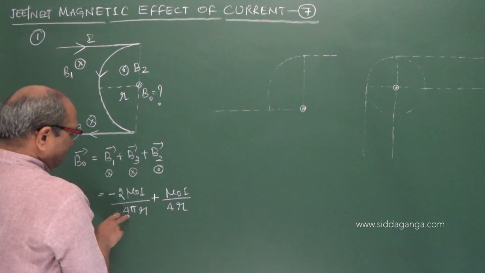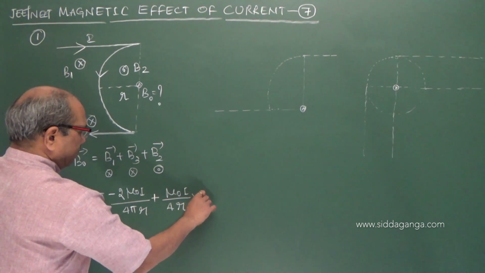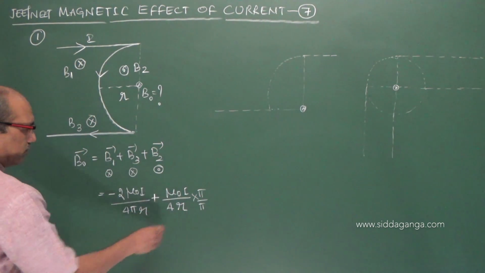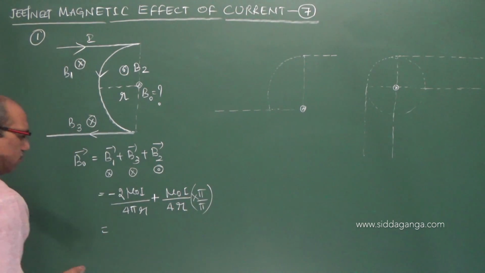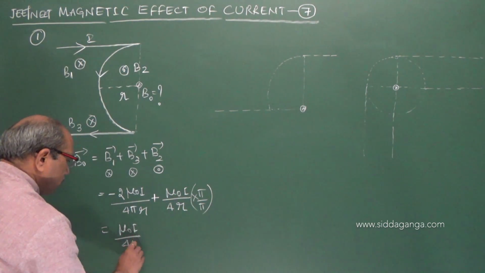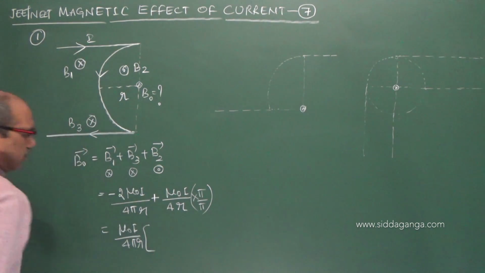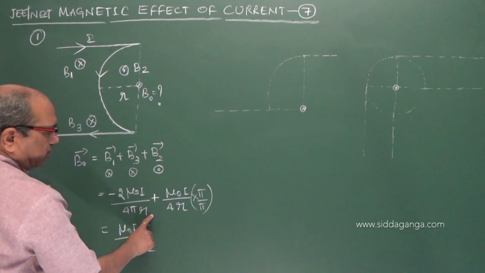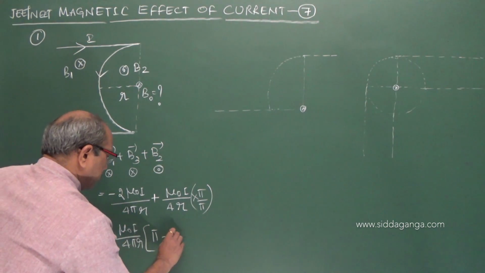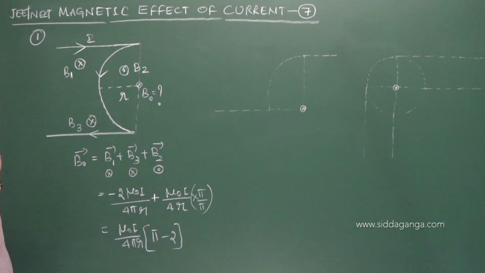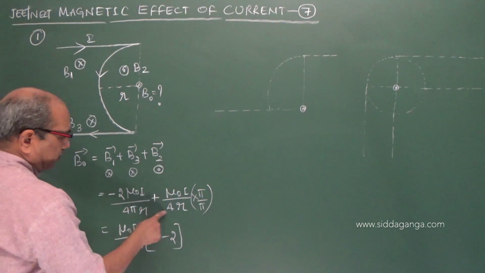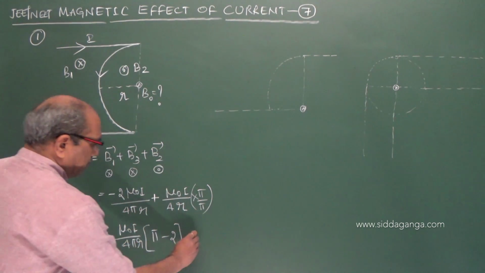So if I multiply by pi and divide by pi for taking common out, mu naught I by 4 pi R, mu naught I by 4 pi R, pi, and here it is minus 2. As you know, 4 pi R, it is mu naught I by 4 R, field may be into the board.